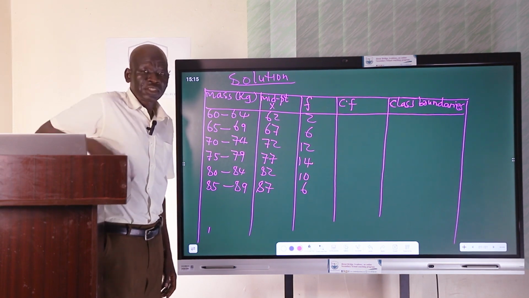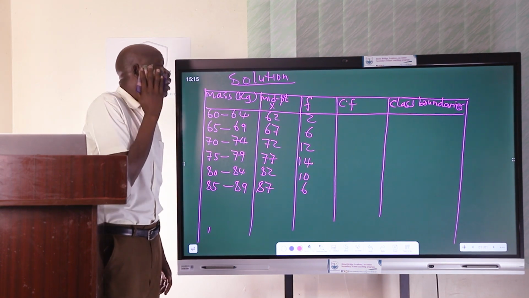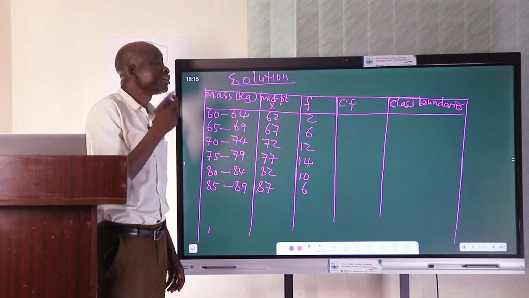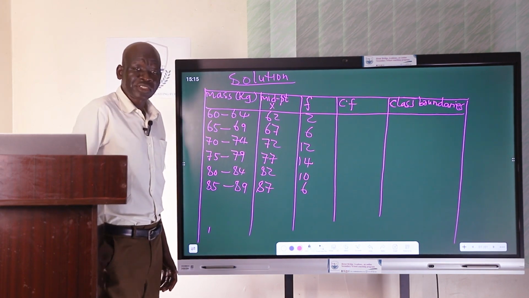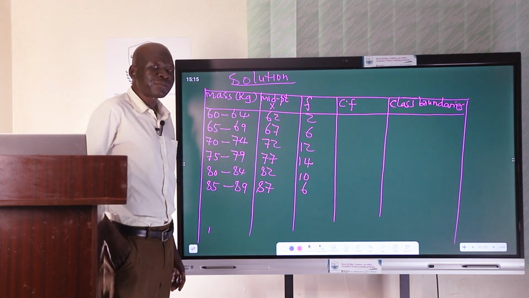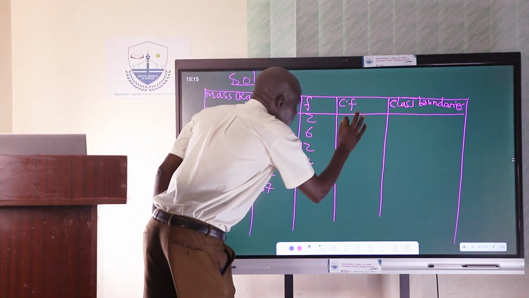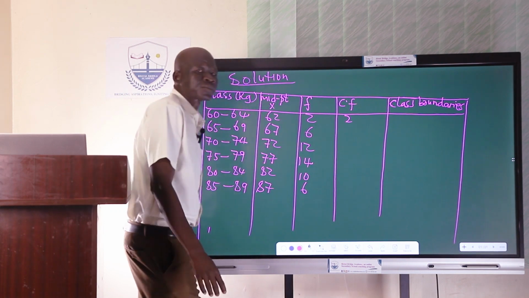The values of cumulative frequency are obtained by accumulating the values of frequency. That is to say, we start by writing the first frequency value, which is 2.